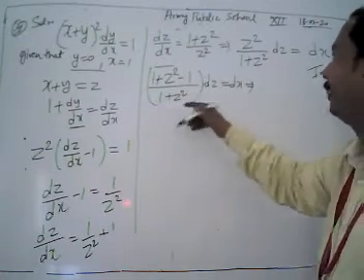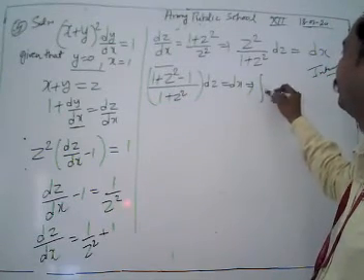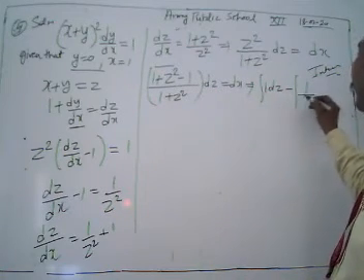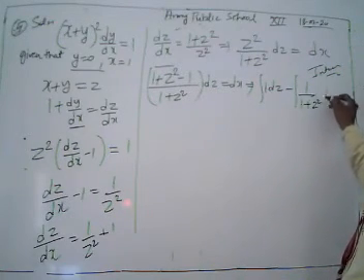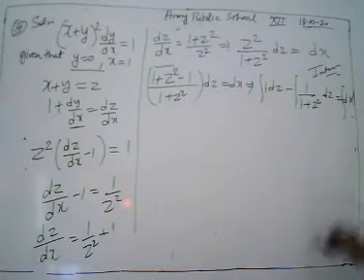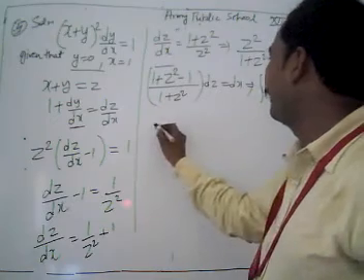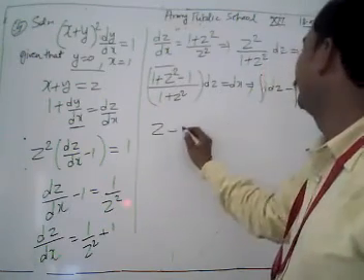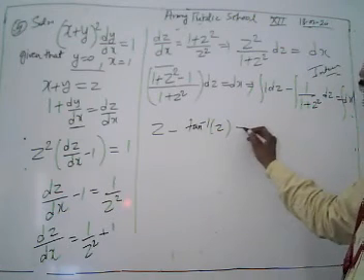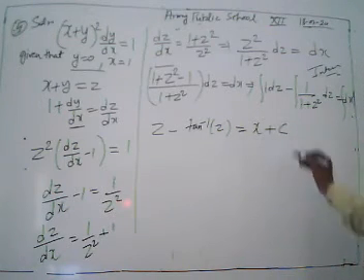We have 1 here. Then integration of 1 dz minus integration of 1 upon 1 plus z square dz is equal to integration of dx. From here we get z, minus tan inverse z, and x plus c.